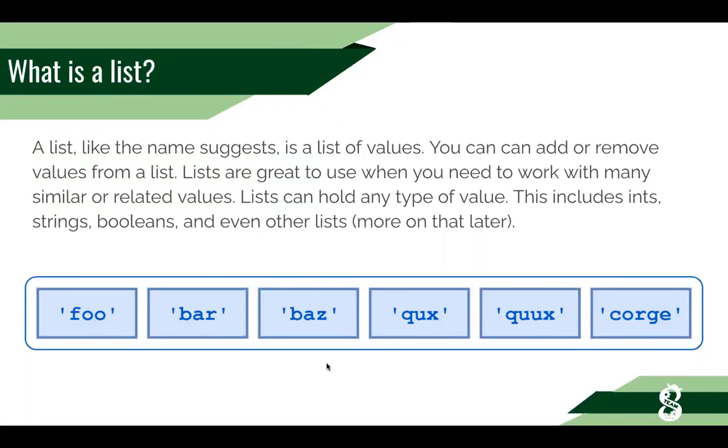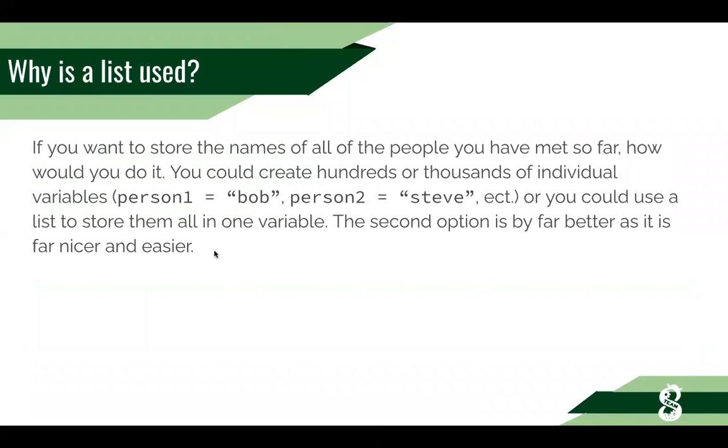So here's a sample list with a bunch of words. They're not real words, but they do show a good example. An example of when you'd use one is if you want to store all the names of people you have met so far. You could put variables of, I don't know, person 1 equals Bob, person 2 is Steve, person 3 equals Bill.